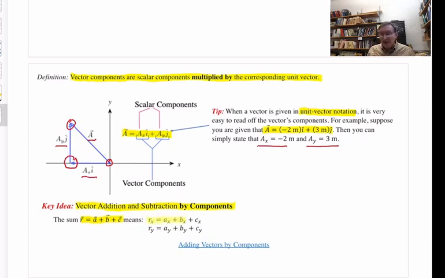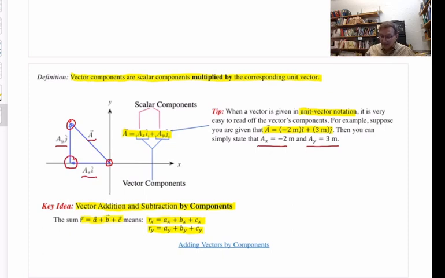To find the x scalar component of R, take the x scalar component of A, add it to the x scalar component of B, and add that to the x scalar component of C. Add the x components to get the x component of the sum. Then separately, add the y scalar components of A, B, and C to get the y scalar component of the sum. So add up x components and separately add up y components.